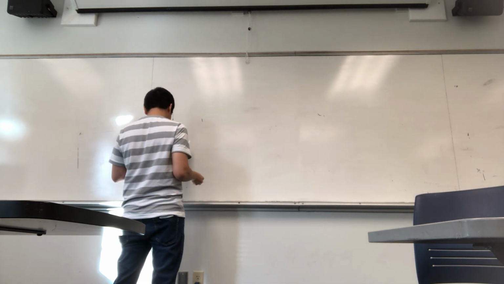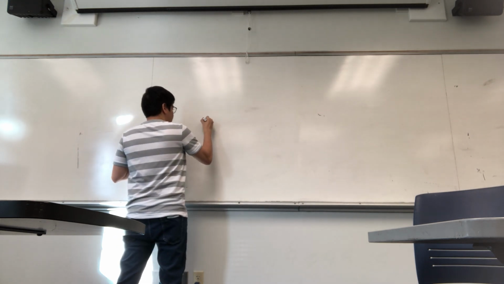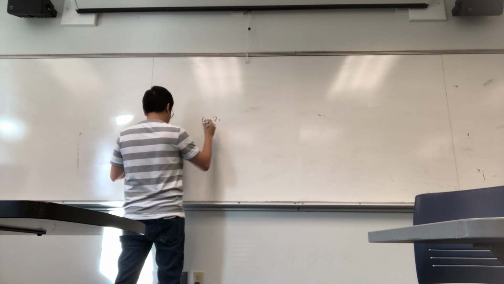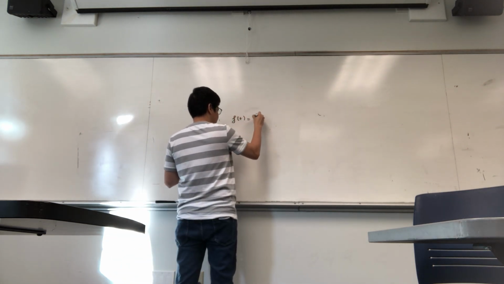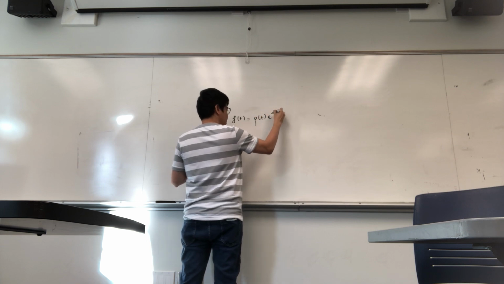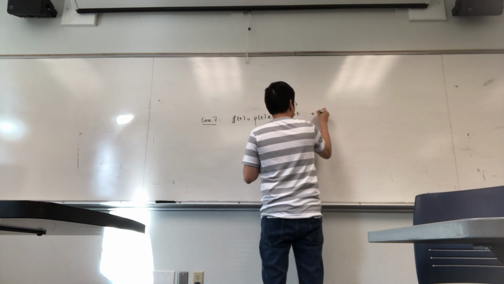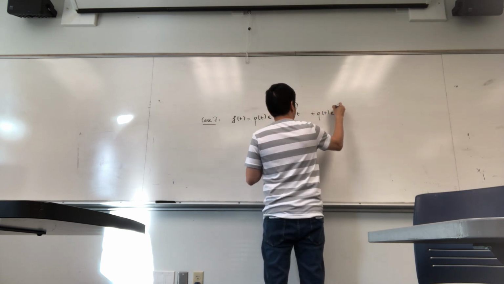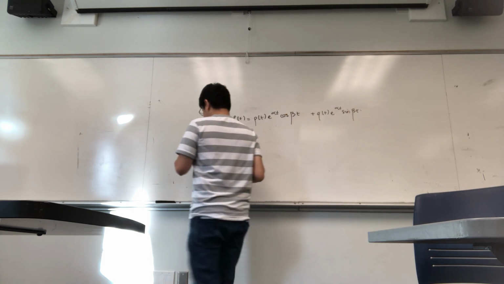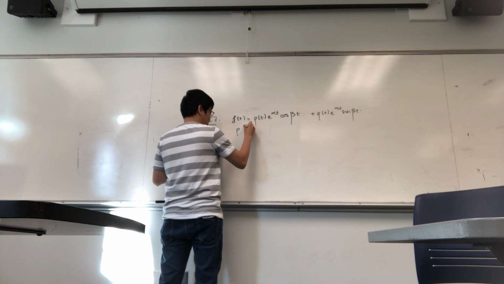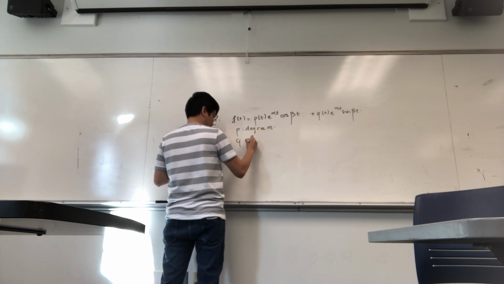Case number 7. So f(t) is p(t) e^(alpha t) cosine of beta t plus q(t) e^(alpha t) sine of beta t. So P is degree m, Q is degree n.